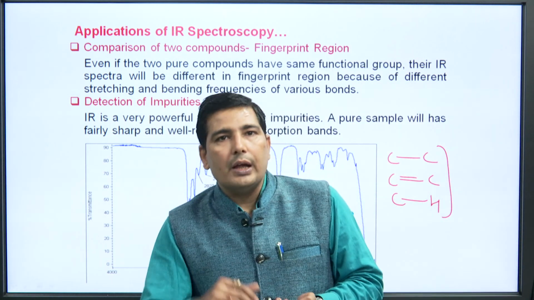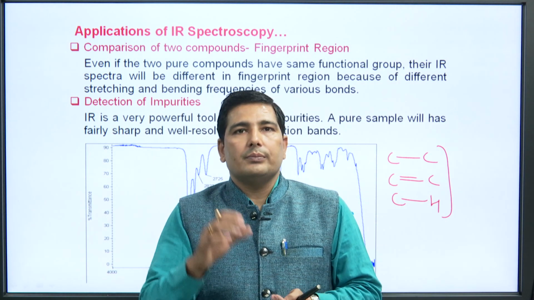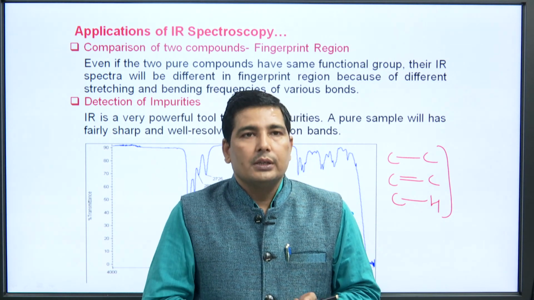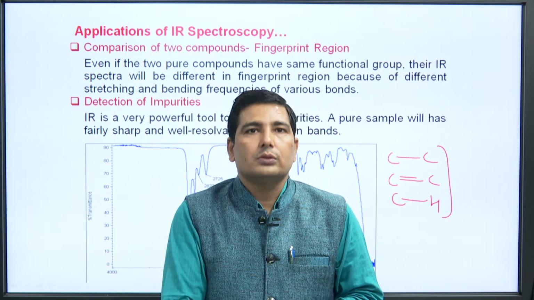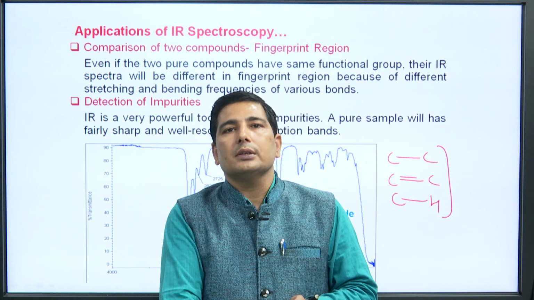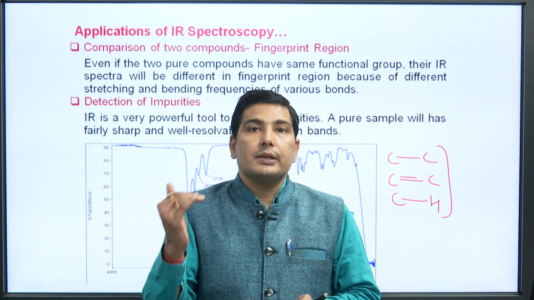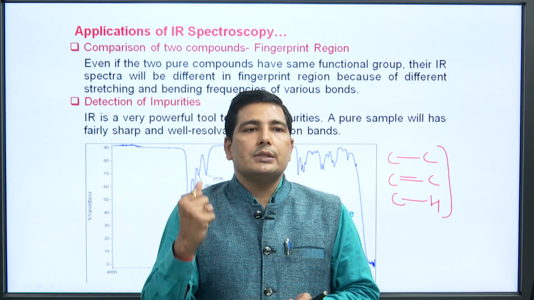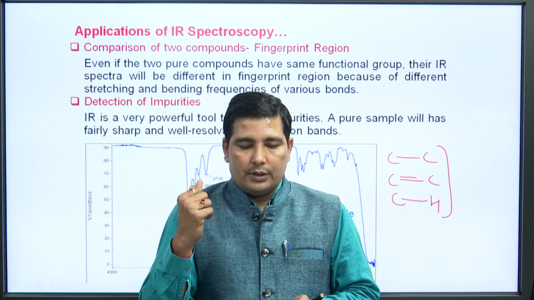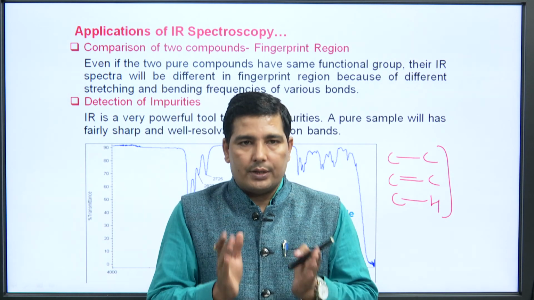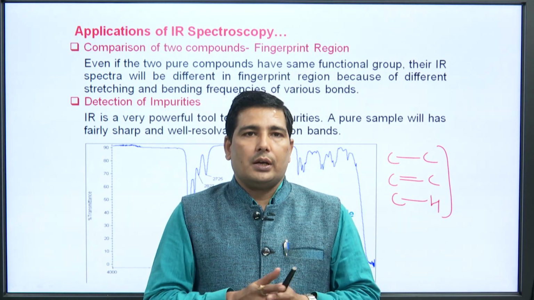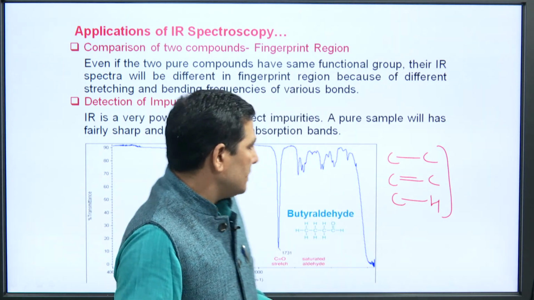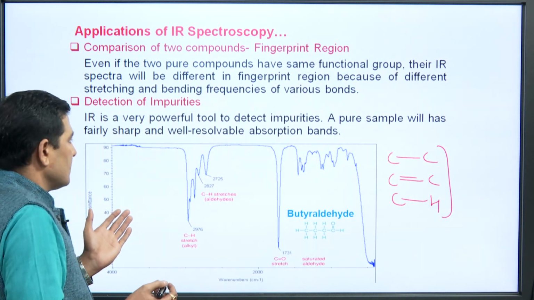This is a very general trend in various types of spectroscopic techniques, which are very helpful in detecting impurities, because each and every molecule has a definite pattern of absorption peaks, and an example has been given here.